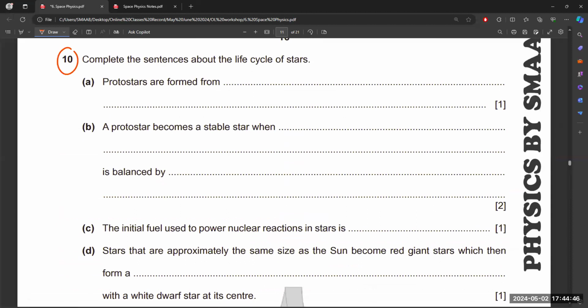Okay, in this question, now we have to complete the sentences about the life cycle of the star. So this is again a question related to the life cycle of the star.